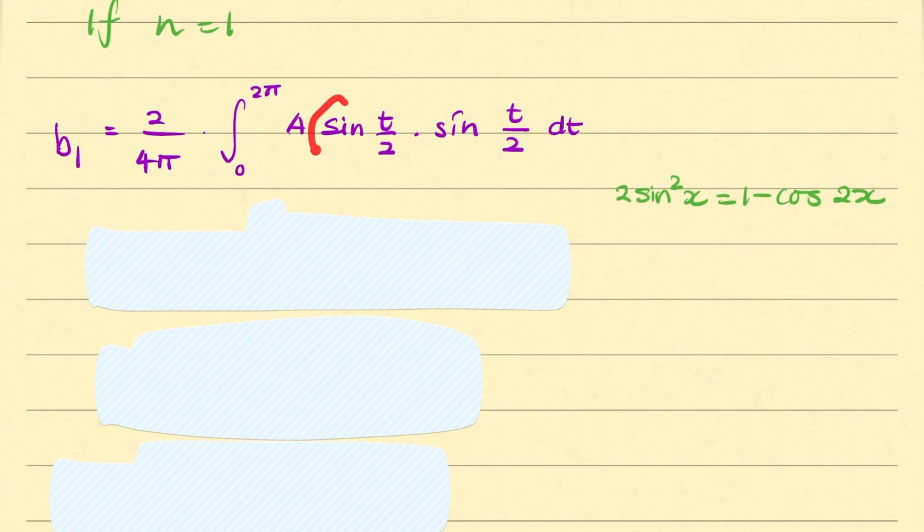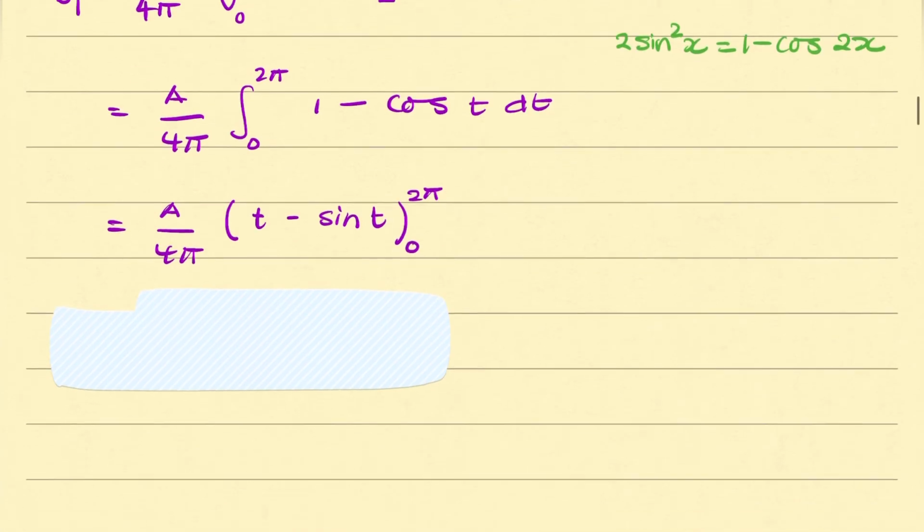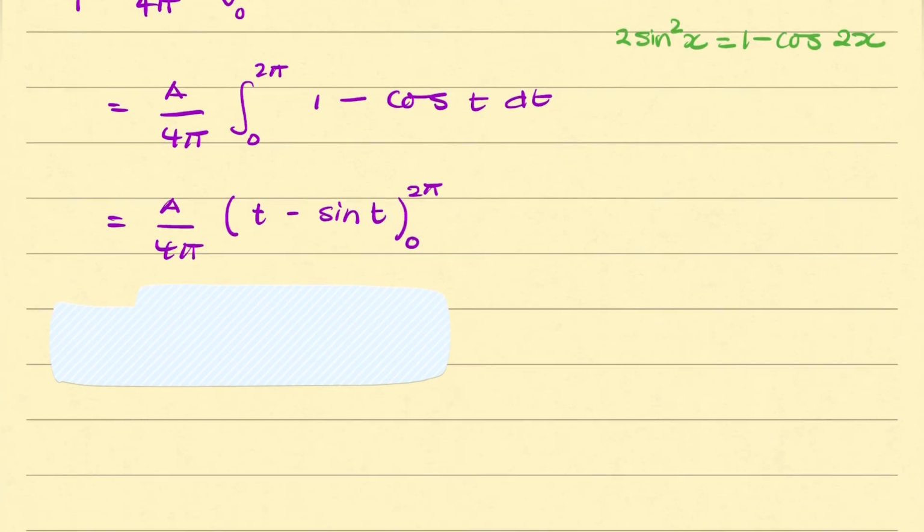So you can replace sine times sine with 1 minus cosine. And the integration of cosine is simply sine. The integration of 1 will actually give you t. So you end up with t minus cosine 2t.